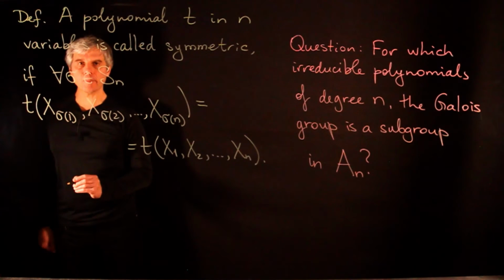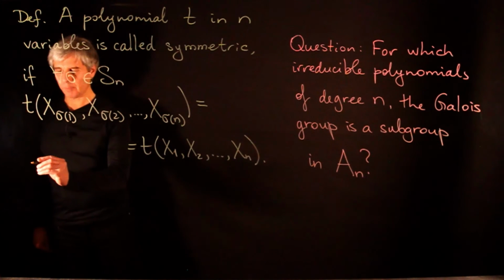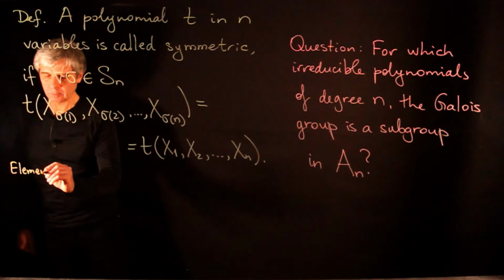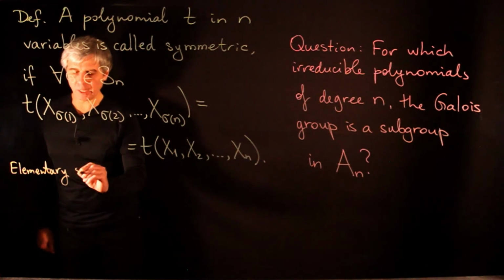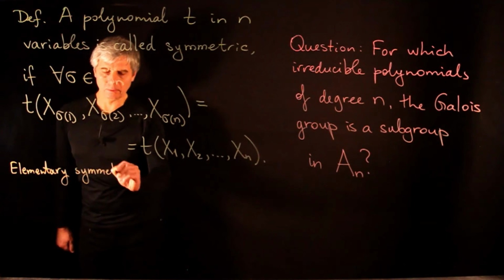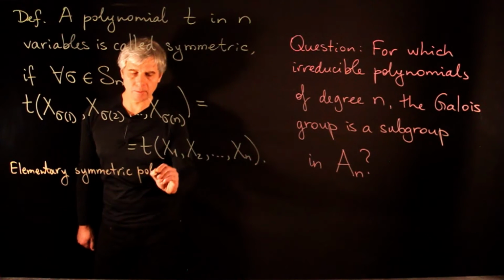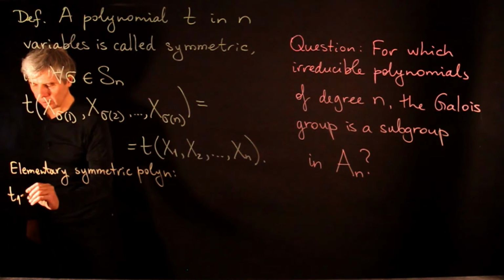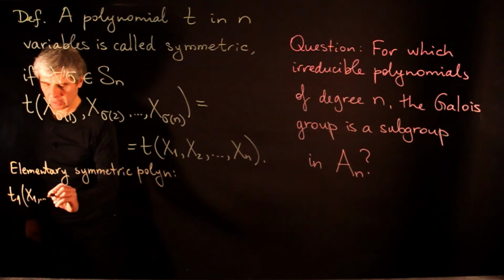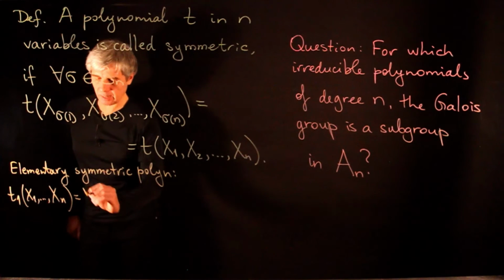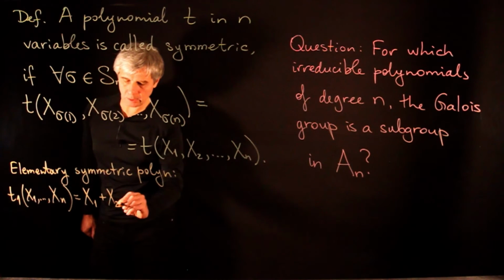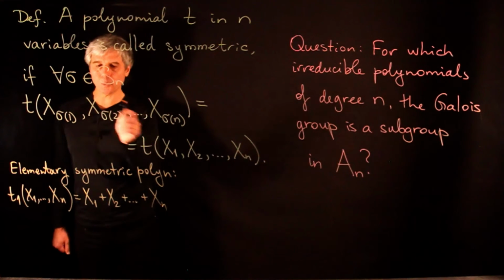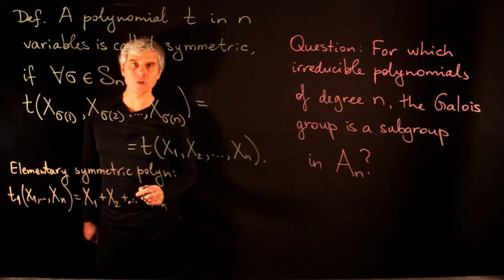Let us give some examples of symmetric polynomials. The polynomials in this example are called elementary symmetric polynomials. So the first one is T1 of x1, ..., xn, which is just the sum x1 plus x2 plus ... plus xn. It is clear that if we permute the variables, then the sum wouldn't change.